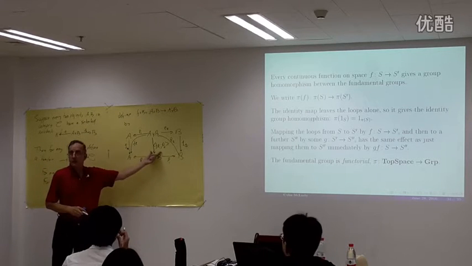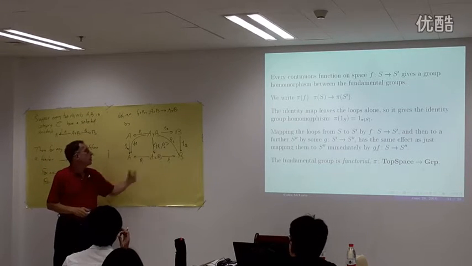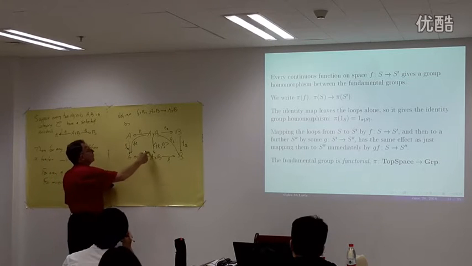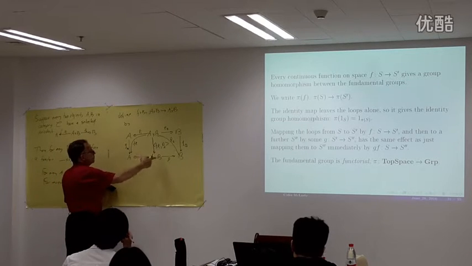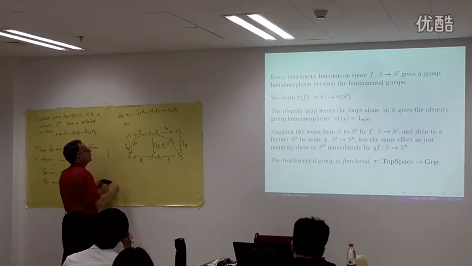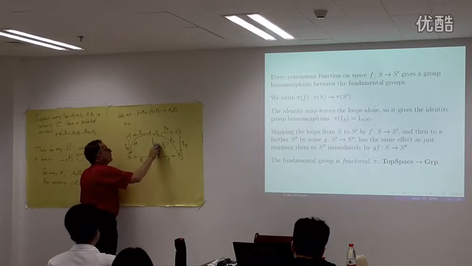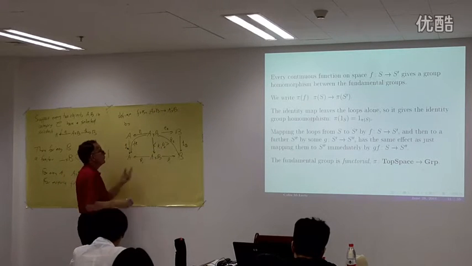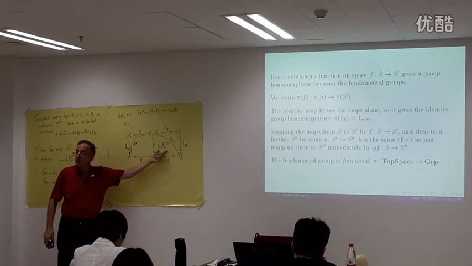How do I know that this arrow is the identity? Well, I know that this arrow has this property. Now f was the identity, so that's just the pair P1, P2.